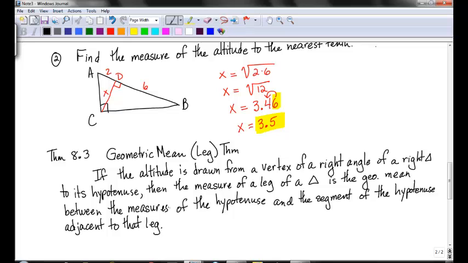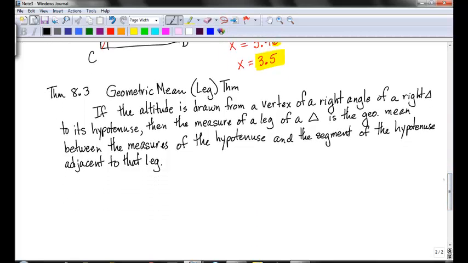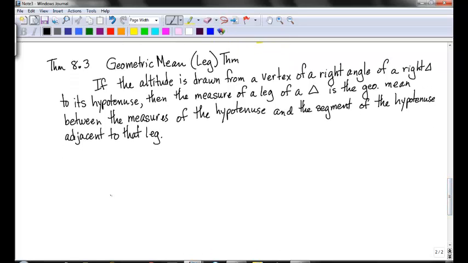Okay, if the altitude is drawn from a vertex of a right angle of a right triangle to its hypotenuse, then the measure of a leg of a triangle, okay, the leg is the geometric mean between the measures of the hypotenuse and the segment. Okay, so example, or picture, let's do a picture first. Make this a right triangle.